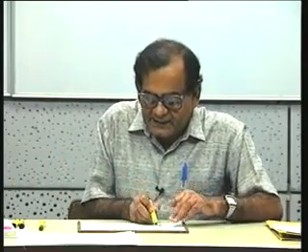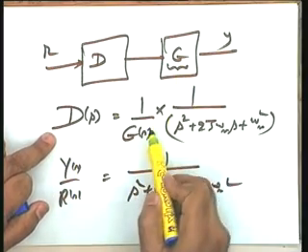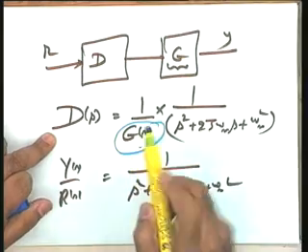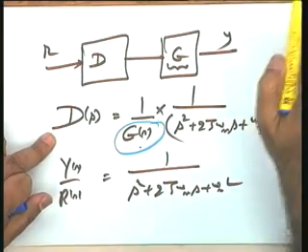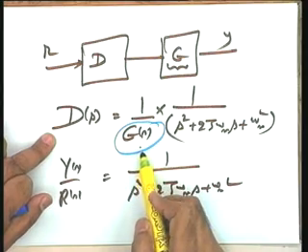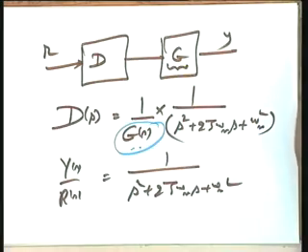You see that this D(s), please your attention, will cancel the poles of G(s) and not that of the actual physical plant, because between the actual physical plant and the G(s) which you are using, there is always a gap. We have said that you can never model a physical plant exactly.